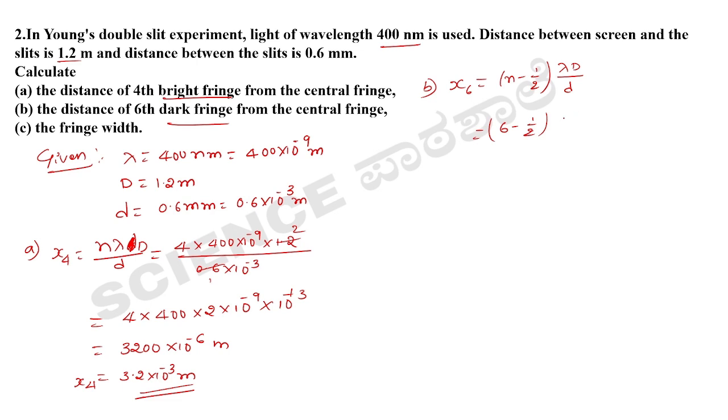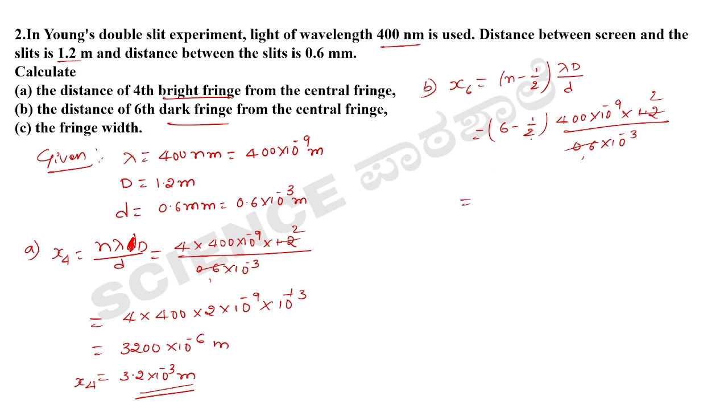What is lambda? What they given? 400 into 10 raised to minus 9 into capital D, how much? 1.2 divided by small d, how much? 0.6 into 10 raised to minus 3. Again, 0.6 ones are 0.6 twos are.